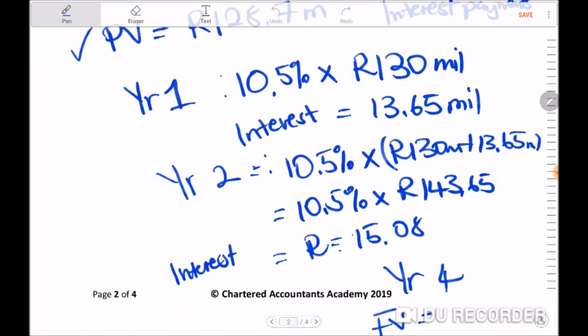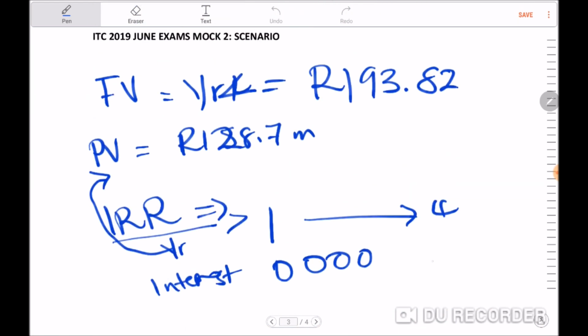So with regards to the loan, I have not paid anything up until year 4, where I now have the future value of 193.82 million, which included the interest that we've been compounding annually in arrears.